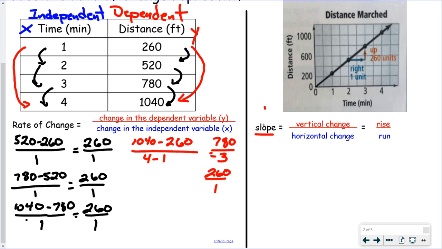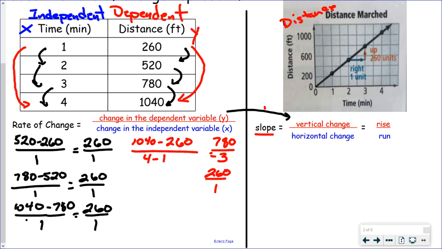So I'm going to show you how to find what's called the slope on a graph. Slope is the vertical change over the horizontal change, which is really the same thing here. The change in the dependent variable. This is my dependent variable right here, distance.